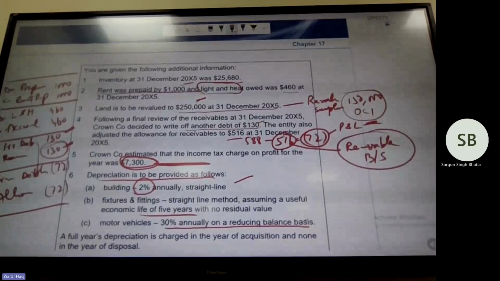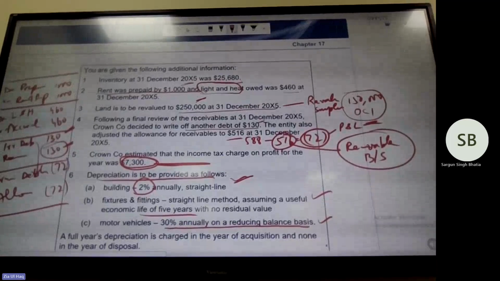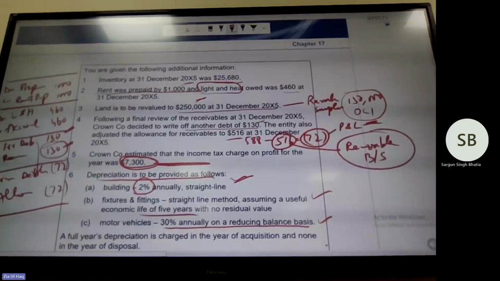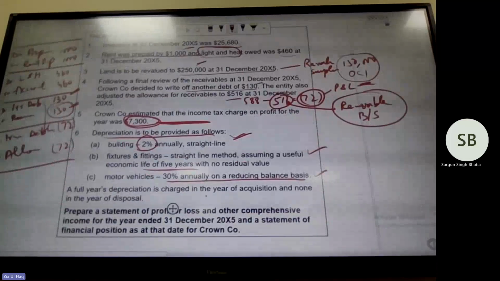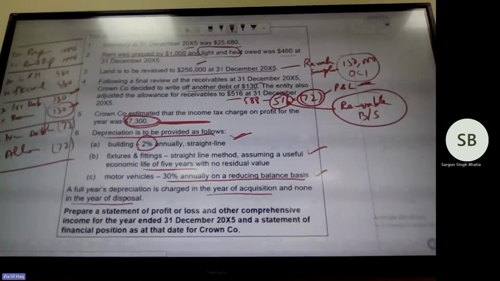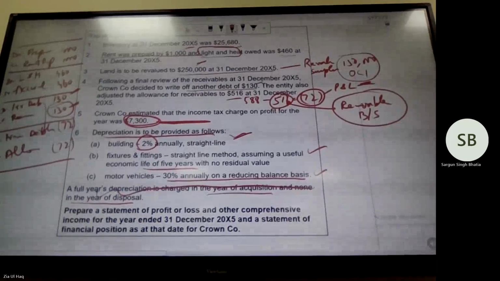So these are the depreciation rates for three kinds of assets: building, fixtures and fittings, and motor vehicles. A full year's depreciation is charged in the year of acquisition and none in the year of disposal, and there is no disposal, so ignore this line.